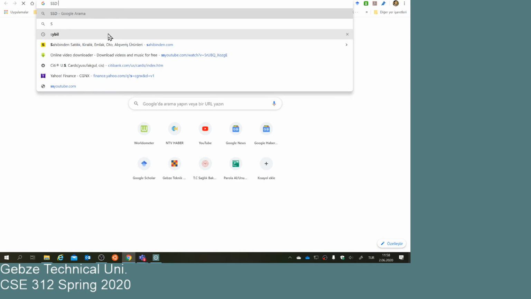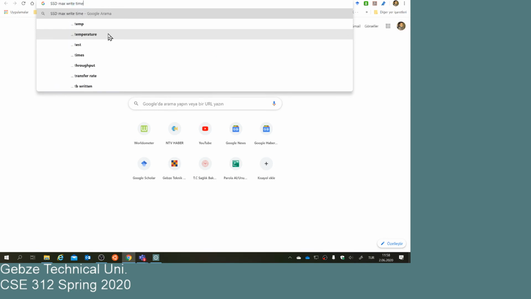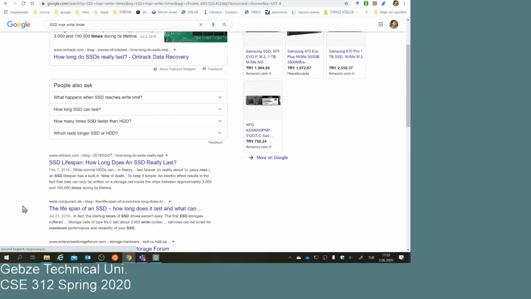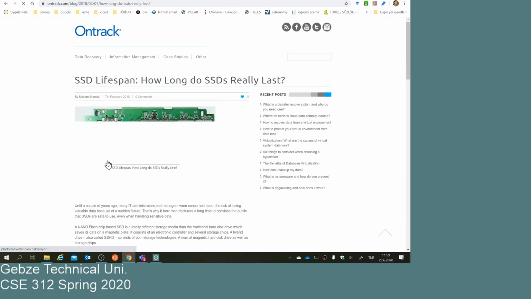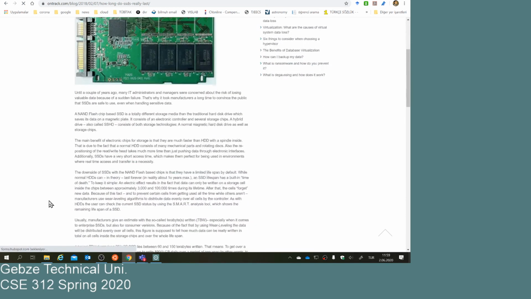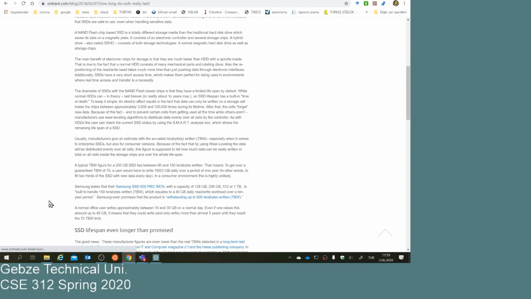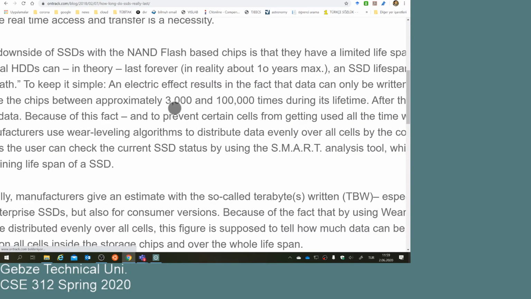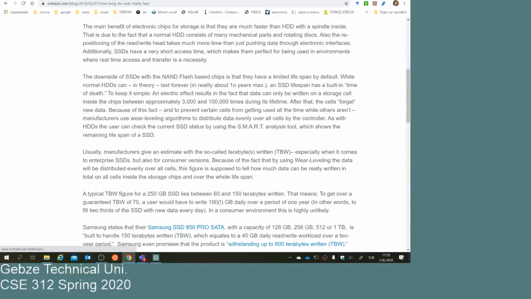SSD max write times. Somebody was doing this experiment, reading and writing and reading and writing to the SSD. It says that it changes between 3,000 to 100 times. The cell forgets new data.